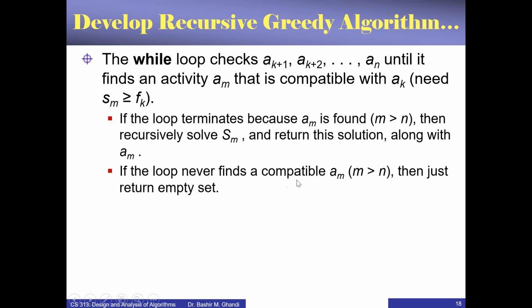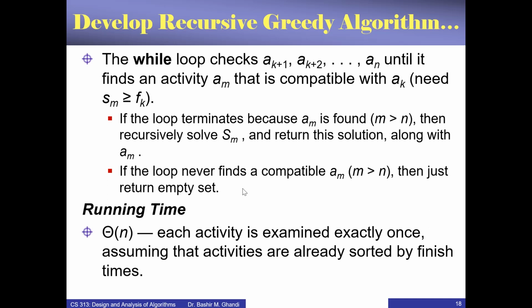However, if the loop never finds an activity am, that is m turns out to be greater than n, then we're going to simply return an empty set. This is basically what I was trying to explain there in the algorithm. I will explain this algorithm in detail, more graphically in the next slide.